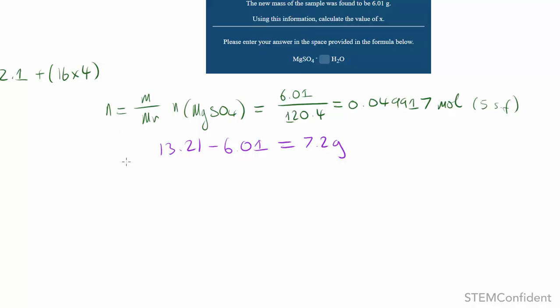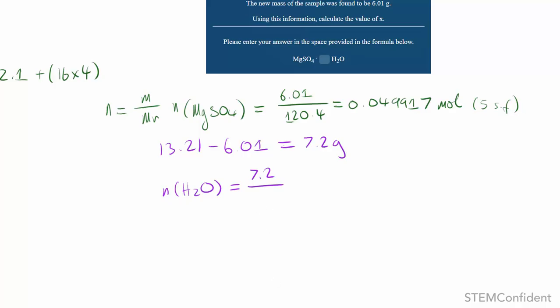Using the same equation, the number of moles of H2O is the mass divided by the molar mass. So it's 7.2 divided by the molar mass.